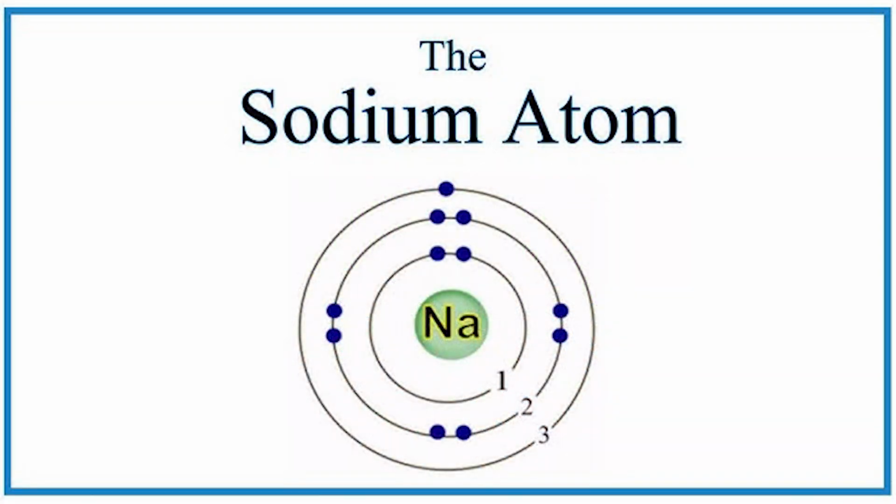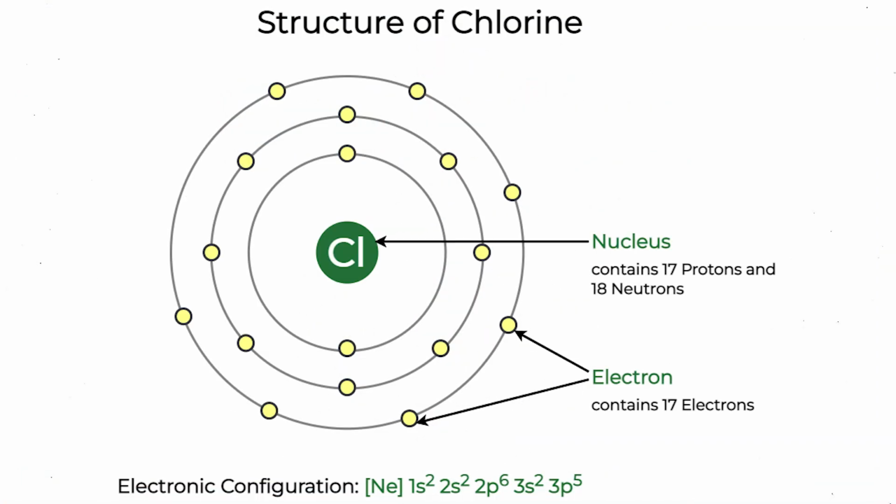Sodium has one electron in its outermost shell, while chlorine has seven. Sodium is eager to get rid of that one electron to achieve a full shell, and chlorine is just as eager to gain one electron to complete its outer shell. So what happens next? Sodium transfers its lone electron to chlorine, resulting in Na+ and Cl-.